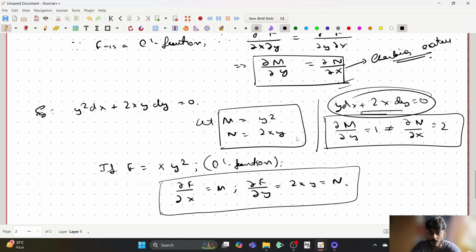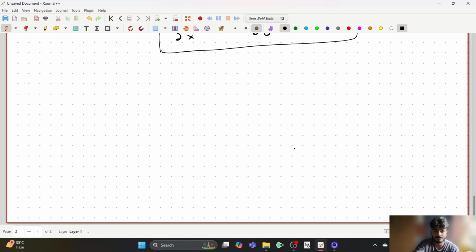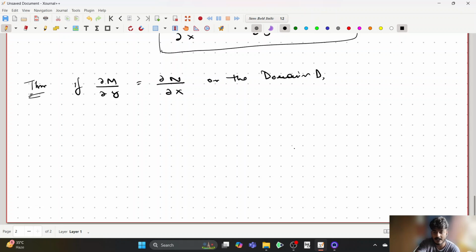But now we prove, so this is a theorem: if del m by del y is equal to del n by del x on the domain we are concerned about, domain D, then the equation m dx plus n dy equal to 0 is an exact differential equation.